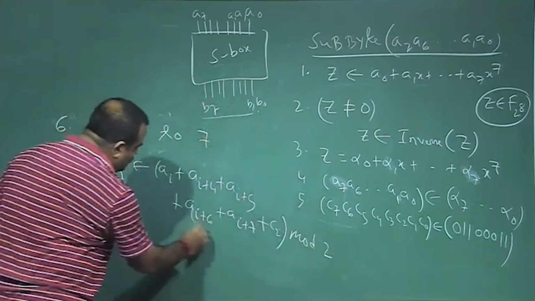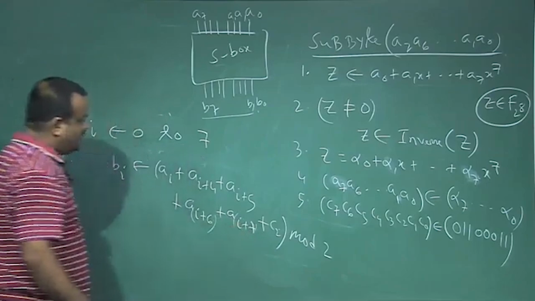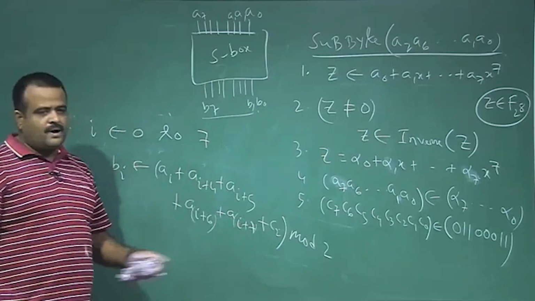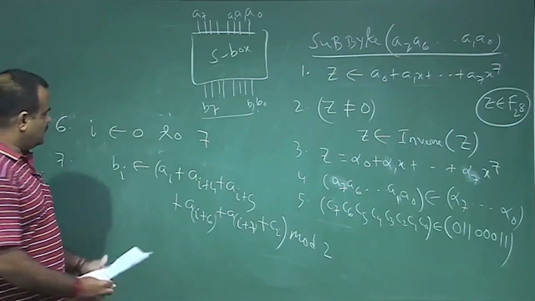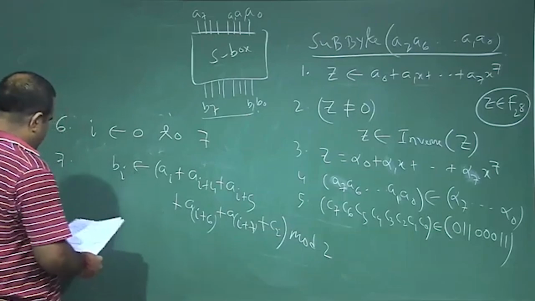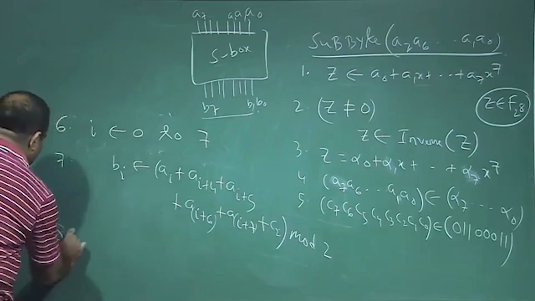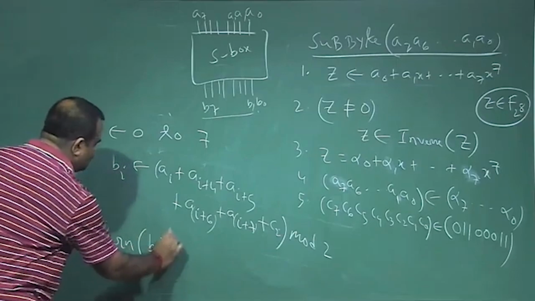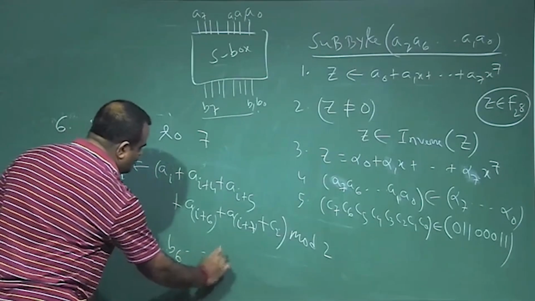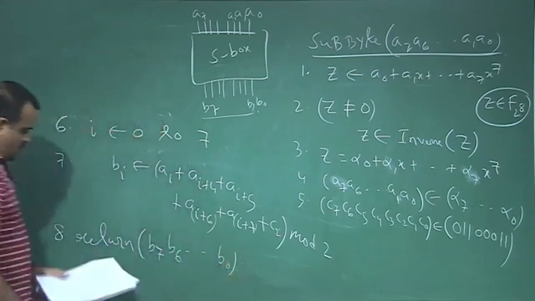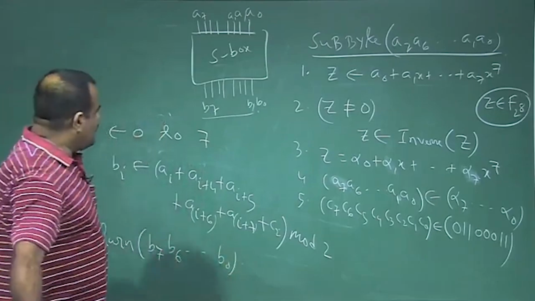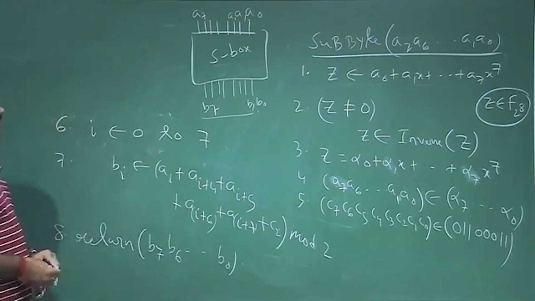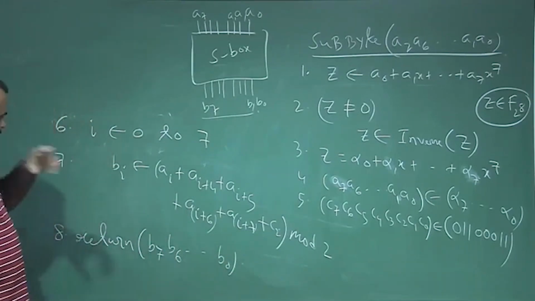And these indices also have to be mod 8, because the indices go from 0 to 7. So, this is the formula to get the BIs. Then finally, we return B7 down to B0. Okay, so this is the algorithm, the pseudo code for finding the BI.